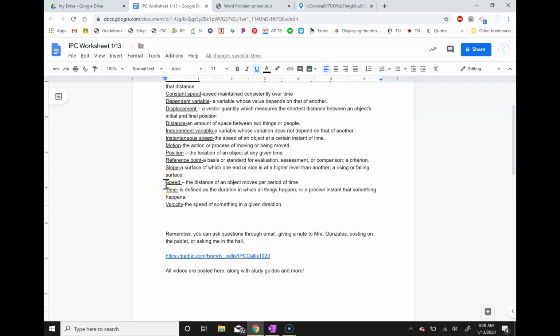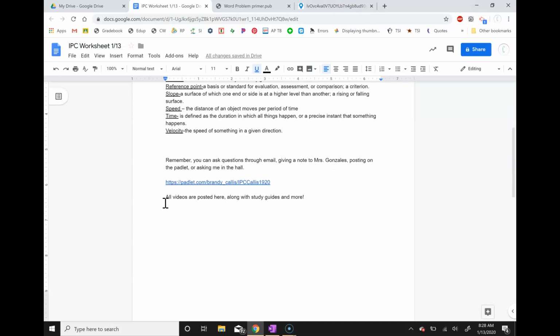Speed is the distance an object moves per period of time. Okay? Time is defined as the duration in which all things happen, or a precise instant that something happens. Okay? And then last but not least, we have velocity. Velocity is the speed of something in a given direction. Okay?